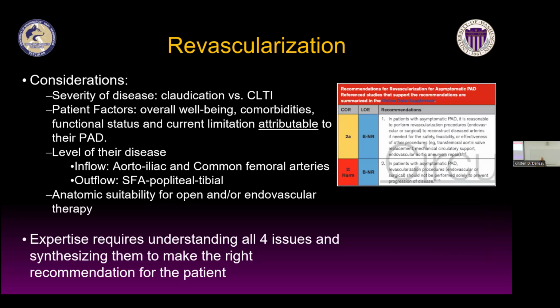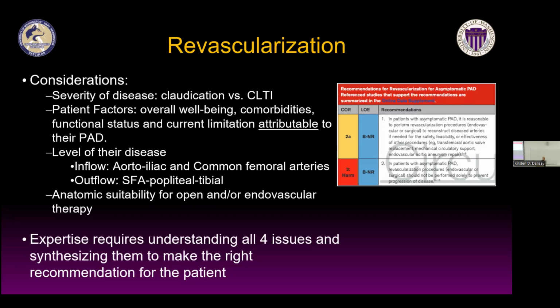When looking at revascularization, you have to consider 4 factors. You have to look at the severity of disease, if claudicant versus if the patient has CLTI. You have to understand the patient factors that go into it: the overall well-being of the patient, their comorbidities, their functional status, and what the current limitation attributable to their PAD is. So even if I were to revascularize the whole leg, what type of benefit is this patient going to have?